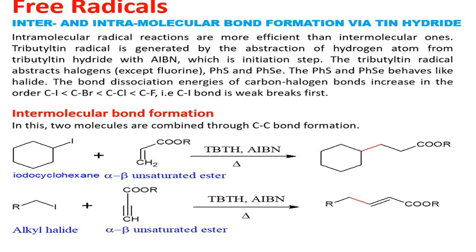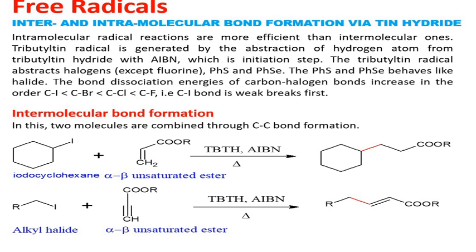If in the molecule there are two halogens, one chlorine and another bromine, which bond will break first, C-Cl or C-Br? The C-Br bond will break first because it is weaker than the C-Cl bond.